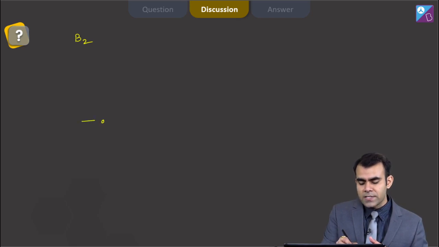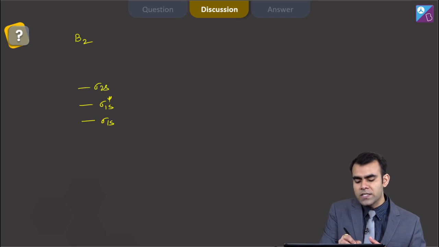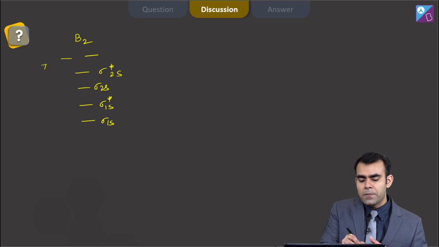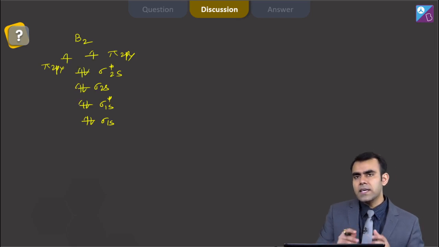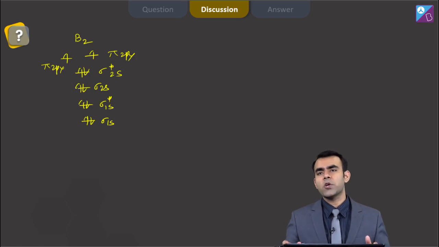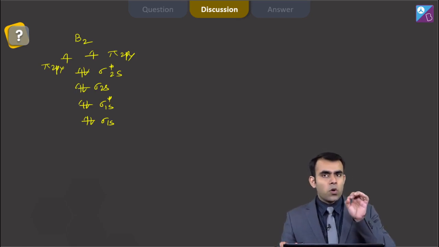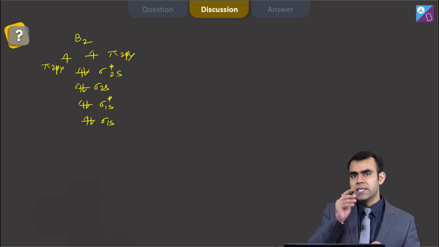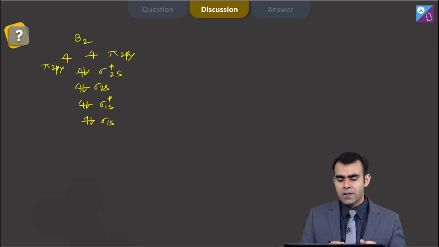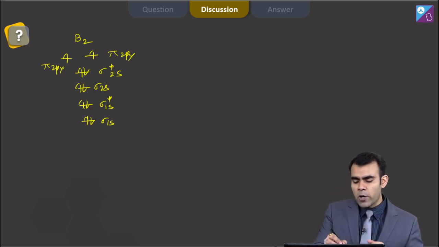This is sigma 1s, this is sigma star 1s, this is sigma 2s, this is sigma star 2s, and then we have pi 2px and pi 2py, which contains the electrons. And these are basically bonding molecular orbital. So my HOMO is this one, that is pi bonding molecular orbital. And in pi bonding molecular orbital we have something like this.